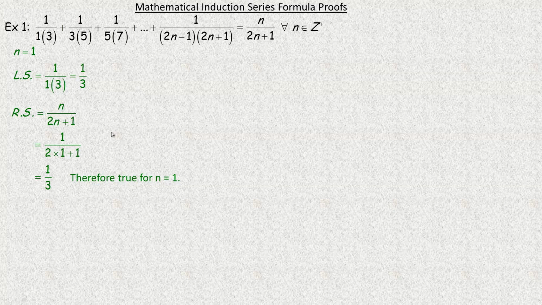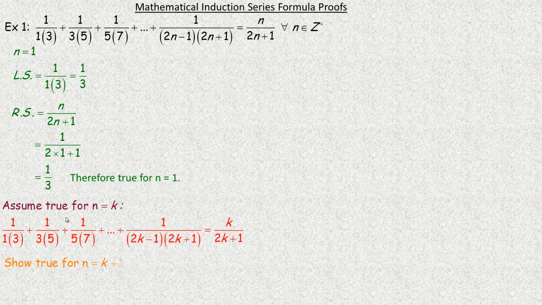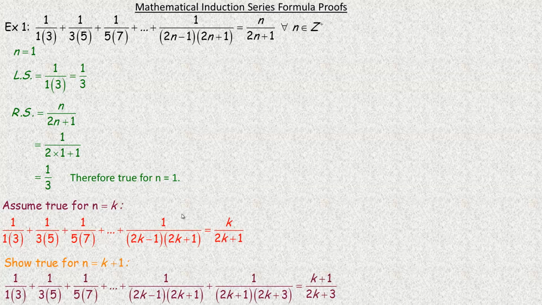The next thing to do is to assume that it's true for some arbitrary integer k. And the reason mathematical induction works is that we're going to prove algebraically. Actually, I'll write this line down and the next one too. Okay, so this red statement here is the statement we're assuming, that it's true for some arbitrary integer k.